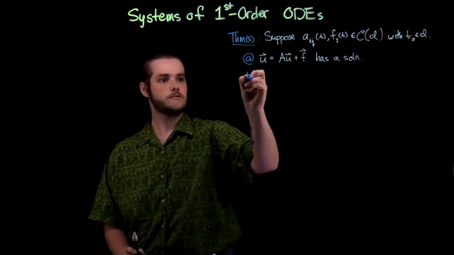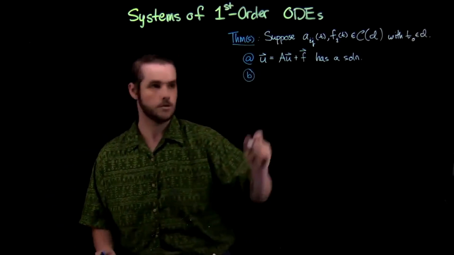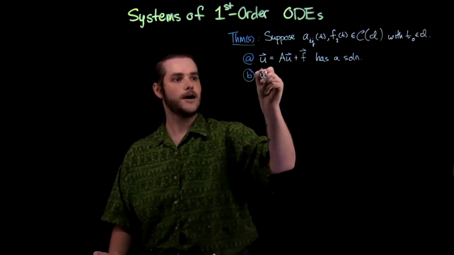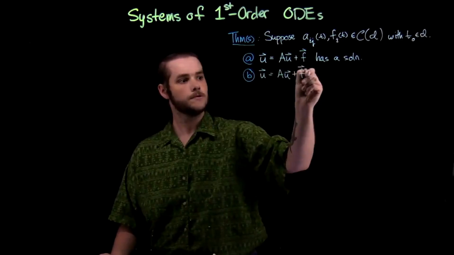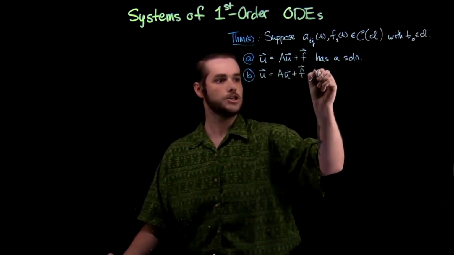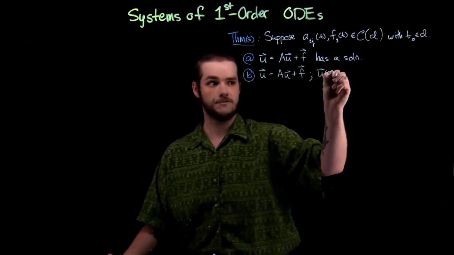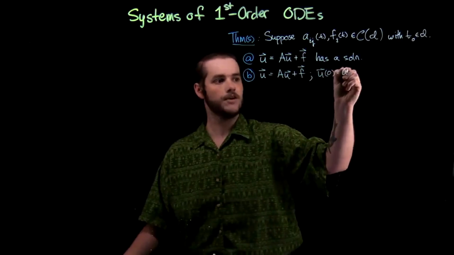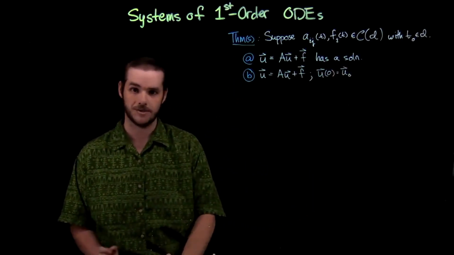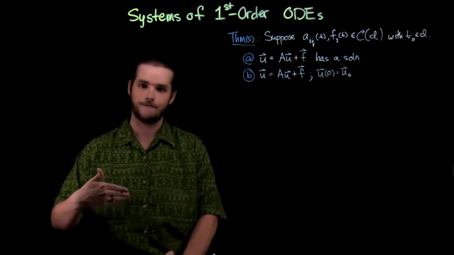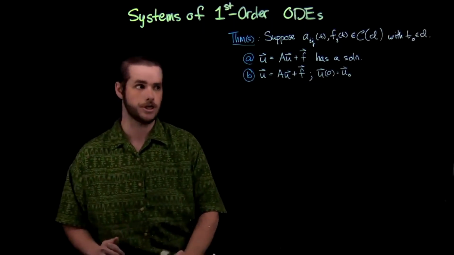Second of all, IVPs. If I add the initial condition that vector u of 0 is vector u naught, remember this is kind of like specifying n initial conditions, or one initial condition for each of the n first order equations.